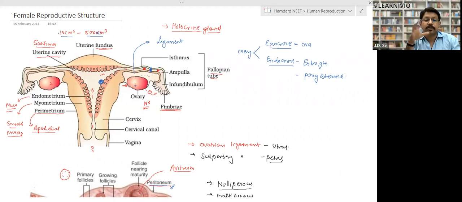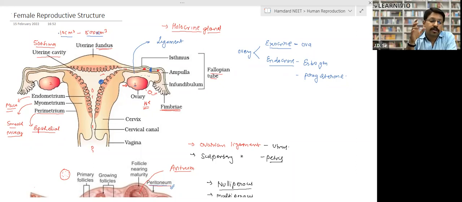Actually, this is the myometrium which helps in childbirth. During childbirth, relaxin is produced, and these myometrium muscles contract, and due to contraction of myometrium, pressure is built, and due to this pressure the baby is expelled out.